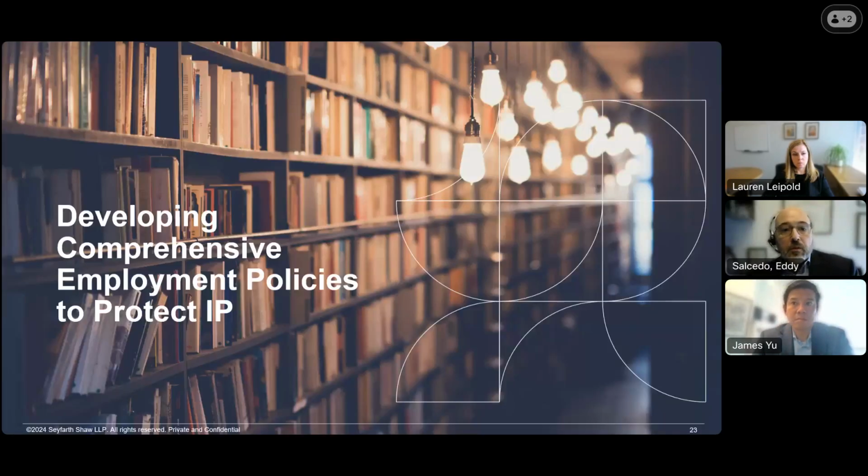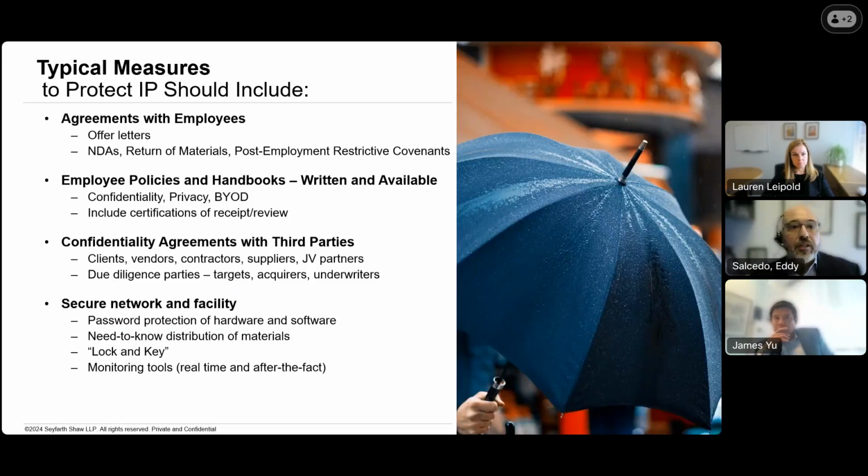So, going right back to what Lauren said, which is the whole reasonableness. One of the biggest indicia to show a court that you are taking reasonable efforts to protect your rights and your materials is that it's a comprehensive part of your business. It's not just a single agreement that an employee signs on day one.